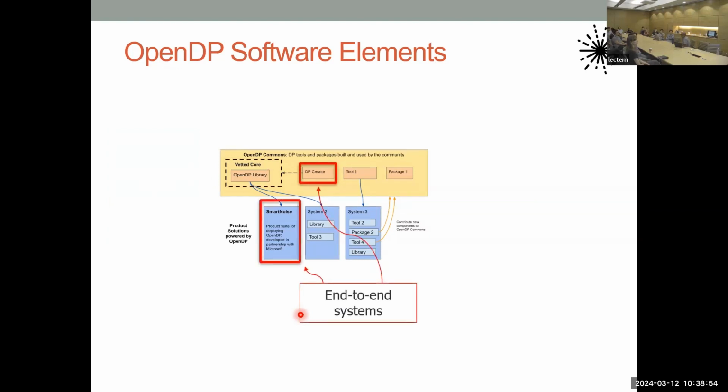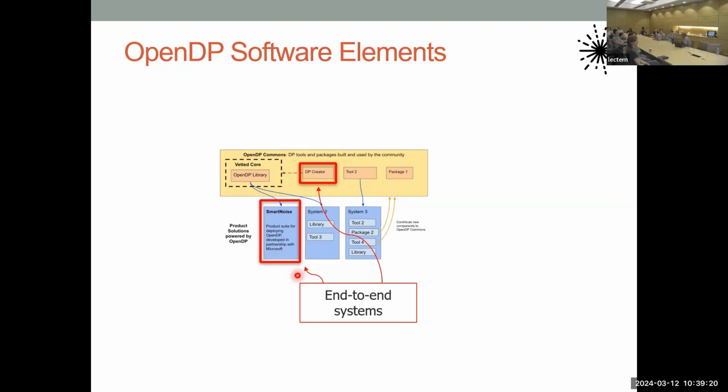But we also think it's important, and I won't get to talk about it today, that there's not just a library of differentially private algorithms that experts can make use of, but that there are also more user-friendly end-to-end systems, interfaces for using differential privacy. And we've worked on two of those. One is that SmartNoise Toolkit that we've worked on with Microsoft.